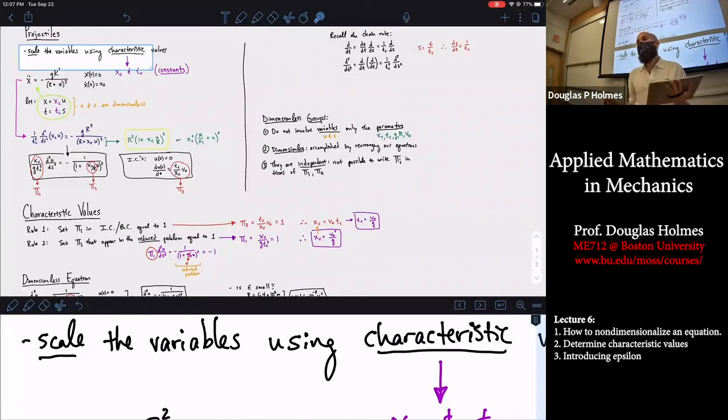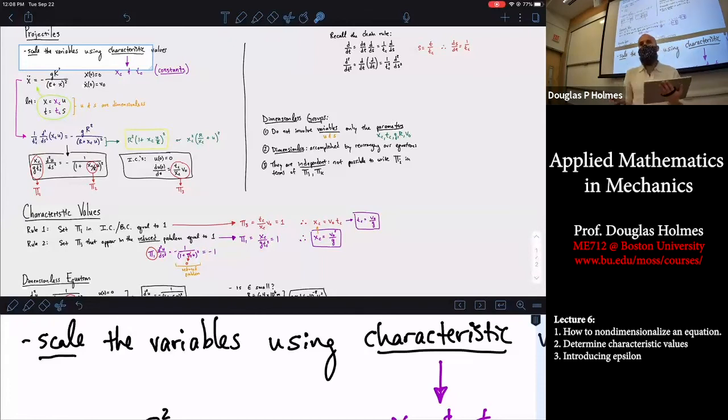Or you might even just do both, and you say, well, I'm not really sure what's small, so I could go down this way and say, maybe this one thing is small, and if this is small, it's going to lead to this set of equations. And then the other option is that this thing is small, I can reduce this whole thing down, and I'll end up with two different dimensionless equations, with characteristic values that you find for each of those, and you'll have to go do experiments or simulations to figure out, okay, is time really set by this characteristic time scale, or is it set by this other one?